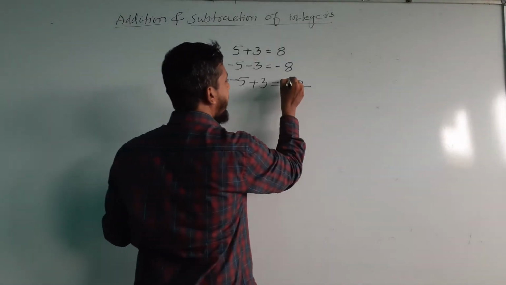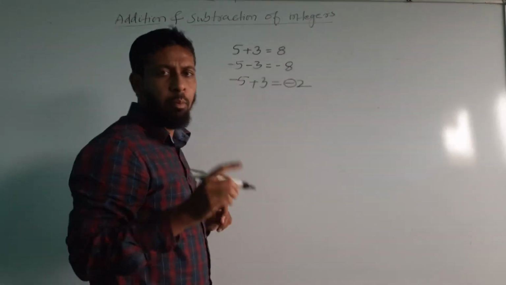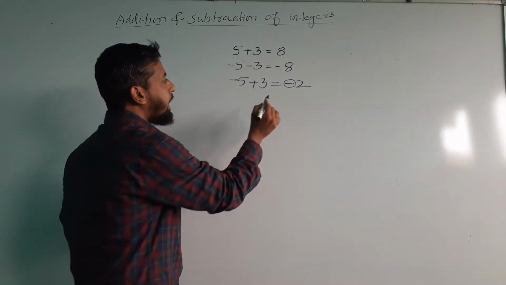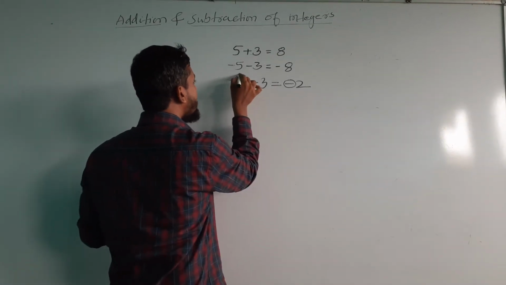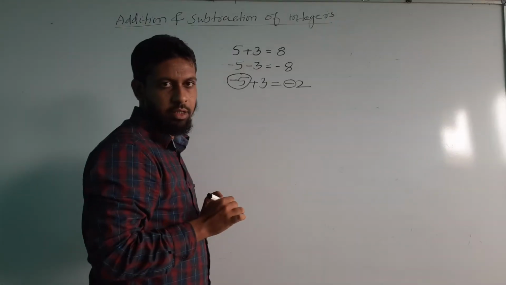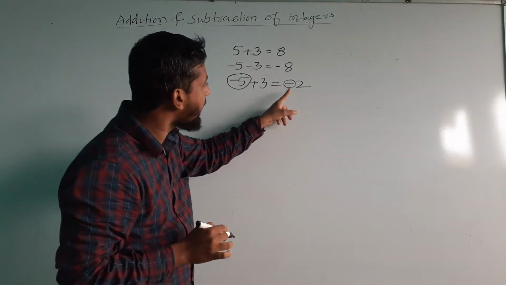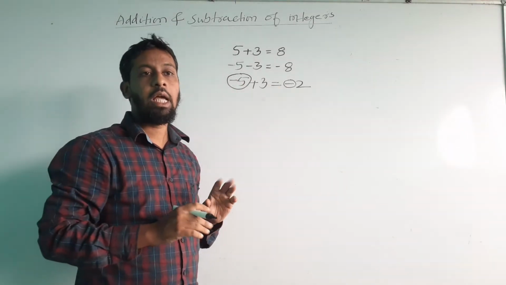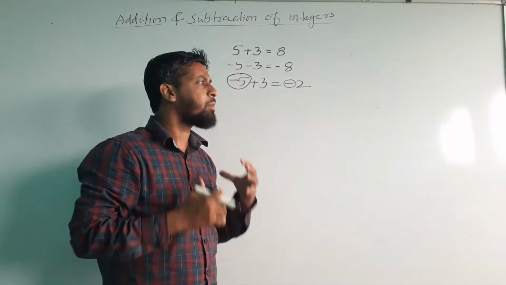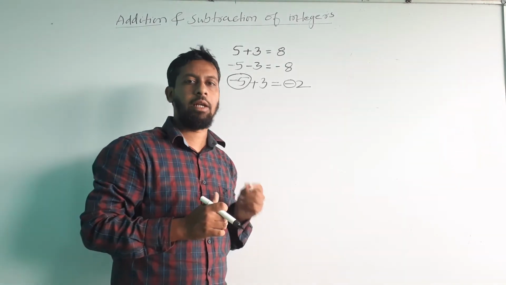And what about this sign? Why sign is minus? Most of the students do mistake here. Sign here is minus because the sign of the greater number is minus. In subtraction, when signs are different, we do subtraction and we take sign of the greater number.